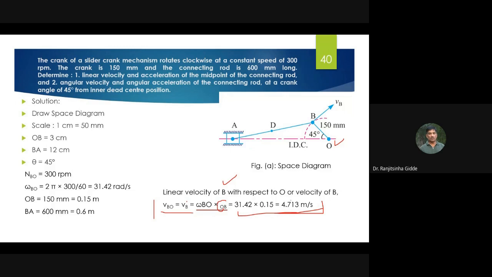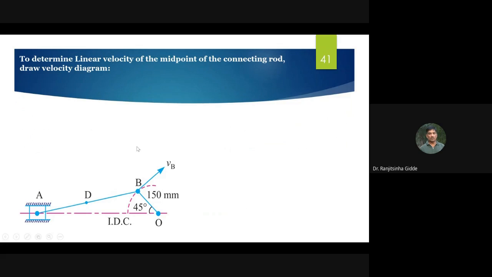So next you can write, to determine the linear velocity of the midpoint of the connecting rod, draw velocity diagram. Write this in your notebook.